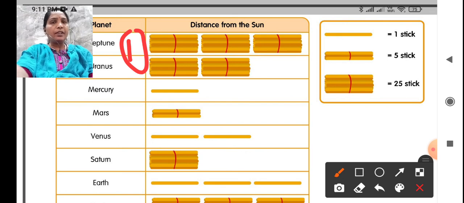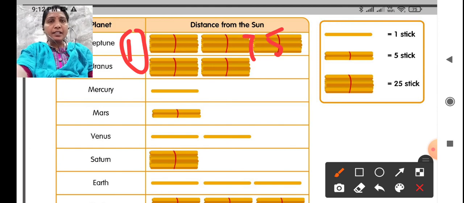So 25 threes are how many? 25 plus 25 is 50, 50 plus 25 is 75. There are 75 sticks in front of Neptune. Is it very close to the sun? No, it is very far from the sun, because this planet has more sticks, right?